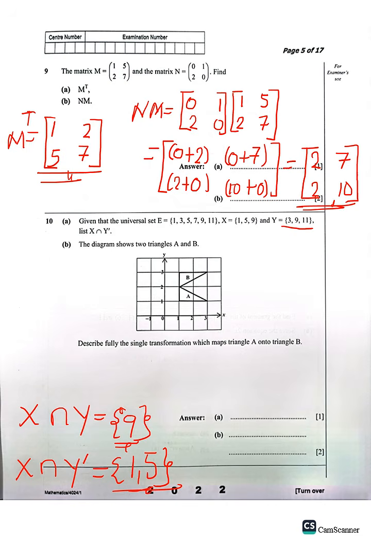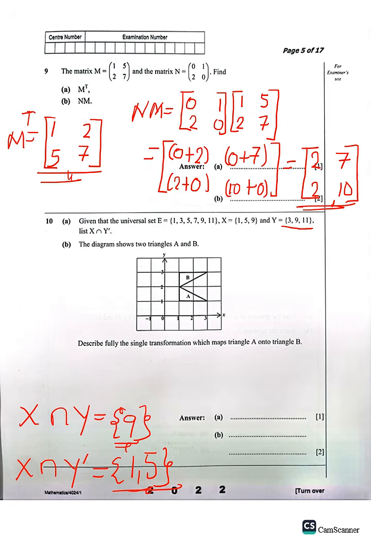Now let's move on to question B. The diagram shows two triangles A and B. So triangle A and triangle B. So from here we need to look at what transformation occurred between the two. What transformed A to form B. So let's look at the way A and B are. These two are like facing each other. They're like opposite of each other.